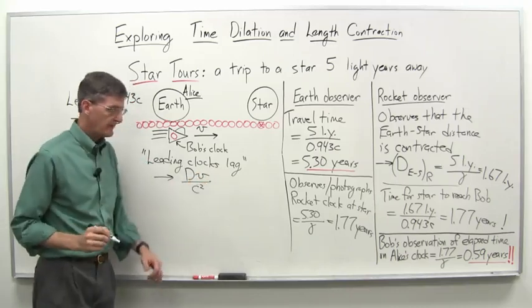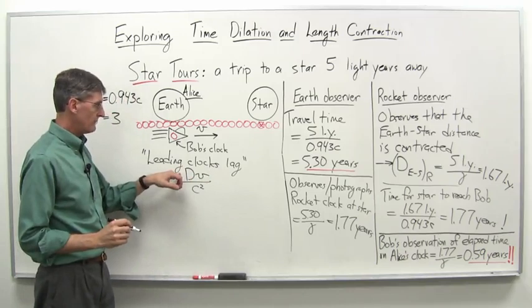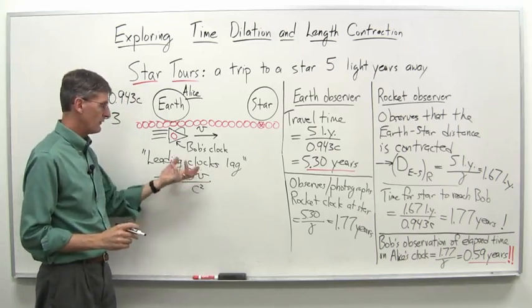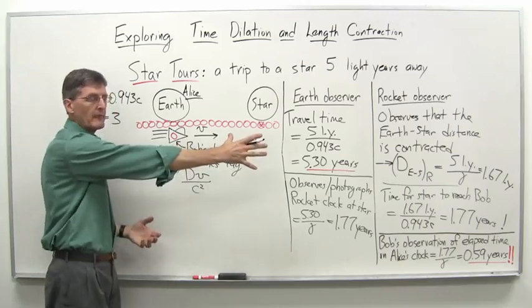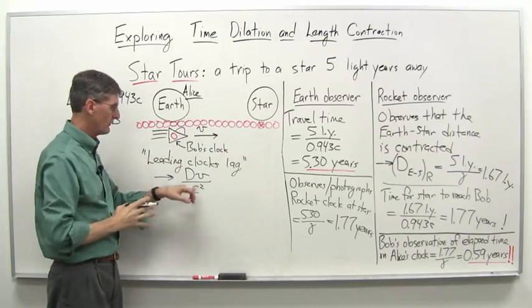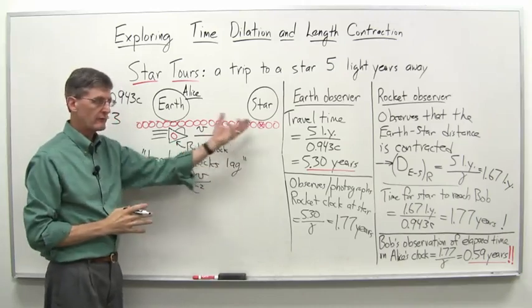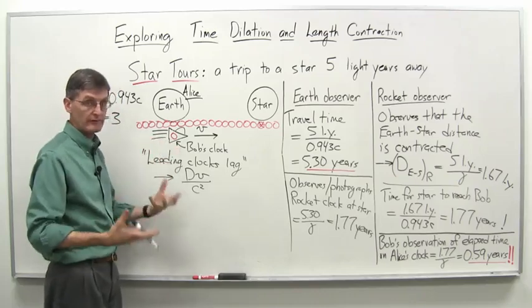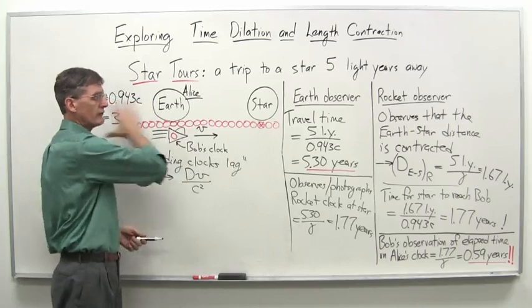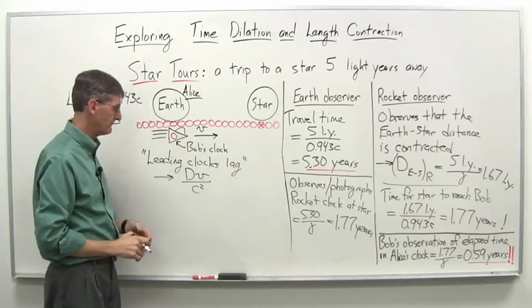c squared, where you're in a frame of reference and you're observing clocks going by you with some velocity v. So they're in a separate frame of reference, they're moving by you. In this case, Bob is in his frame of reference, sitting in his ship. He's observing Alice's clocks move by him.